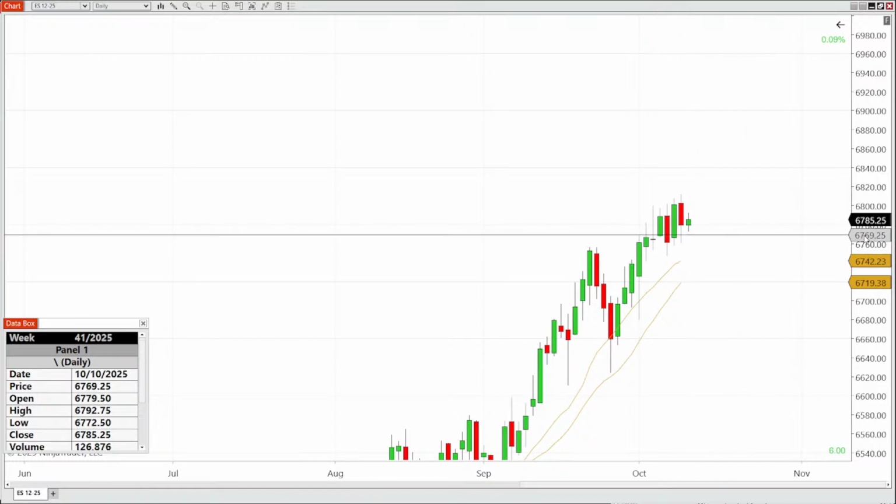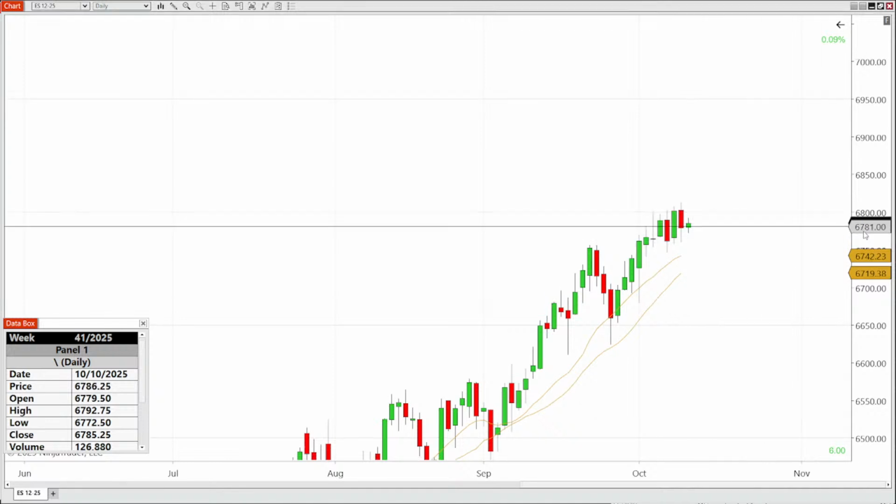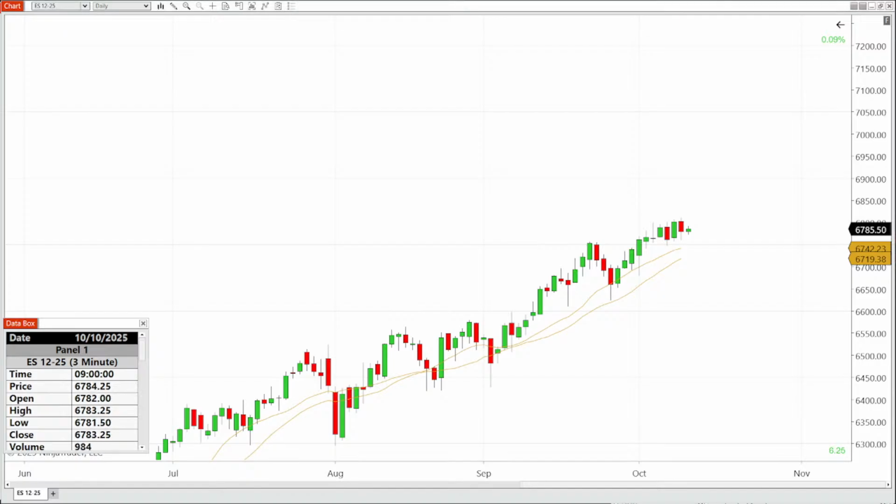So we're still in an uptrend, but we may need to squeeze some sellers out in order to get a higher push, a higher squeeze. See if they're going to squeeze the sellers out, the shorts.